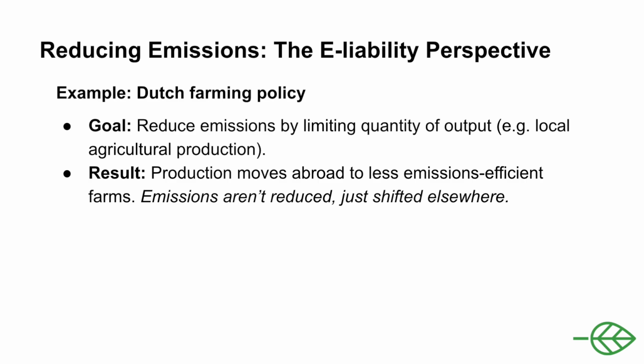That's not going to reduce agricultural emissions. Some other farms in other regions, perhaps in the global South, who are not as carbon efficient as the Dutch farms, will grow the food to substitute for the reduction in the supply from the carbon efficient farms.